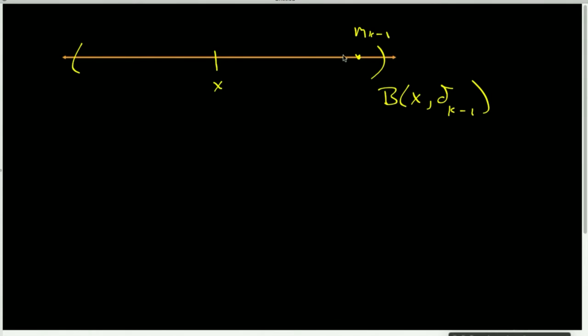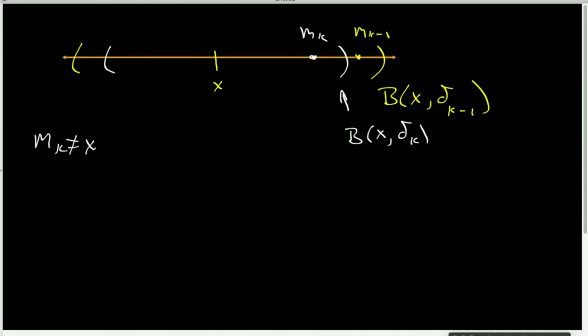And then I have a delta ball that's just a little bit too small to contain that one. So this delta ball is the one of radius delta_k, and M_k is somewhere inside this ball, and I know that M_k is not equal to x.